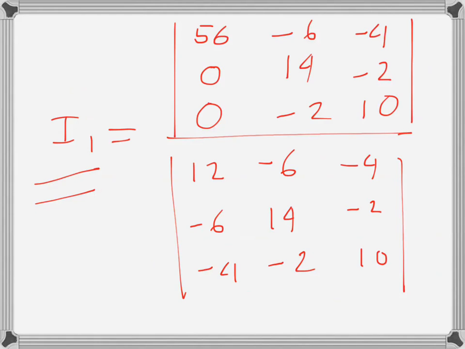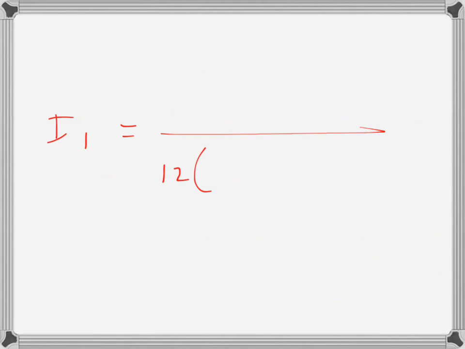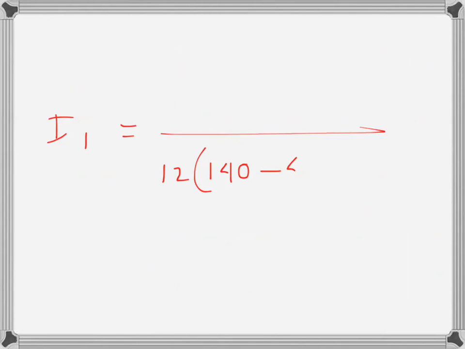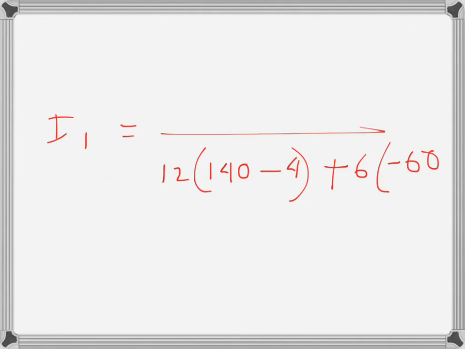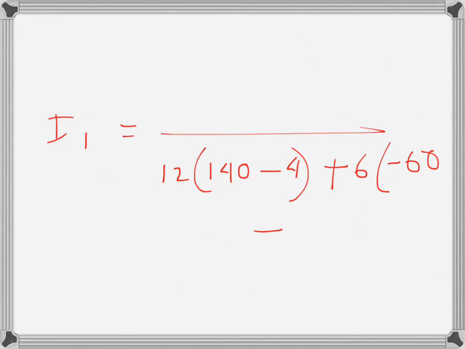So now I need to solve this determinant. In the denominator will be 12 times 14 times 10, 140, minus minus 2 times minus 2, so plus 4, and then negative of negative 6, so that will become positive 6, and this one multiplied by this one is negative 60, and negative of minus 4 times minus 2 is minus 8, so it becomes minus 8.